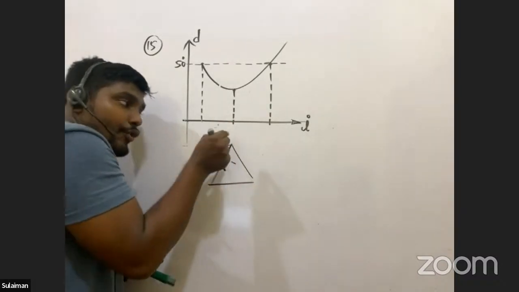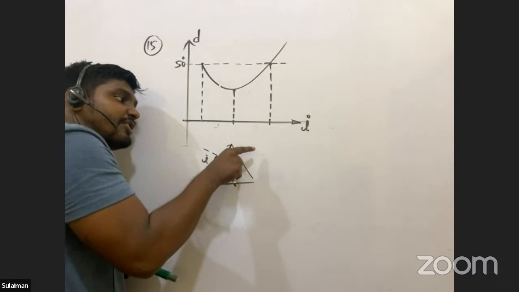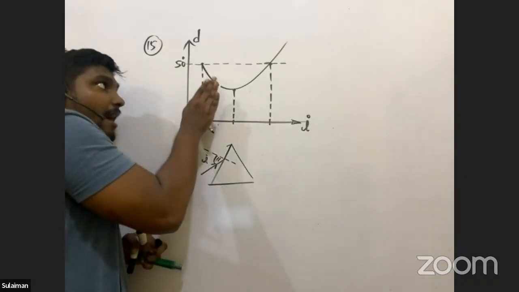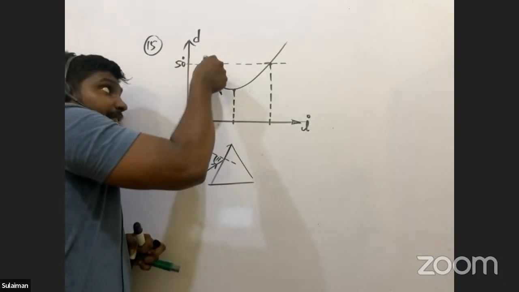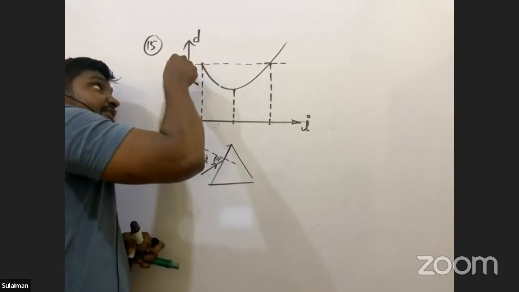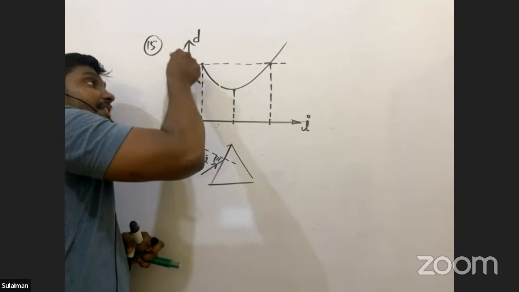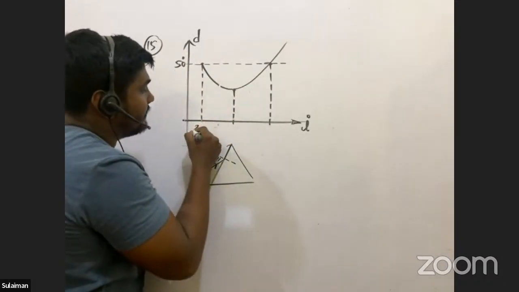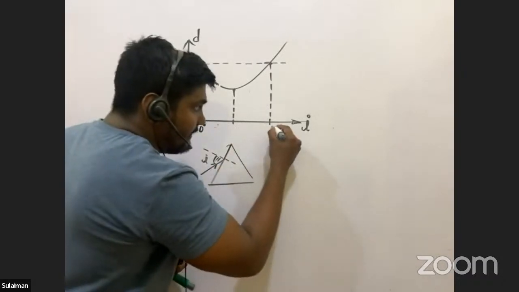That means you will obtain the same angle of deviation for two different incident angles. For example, in this case, you will obtain a total angle of deviation of 50 degrees for two possible incident angles. One they have given as 30 degrees, the other one is theta.